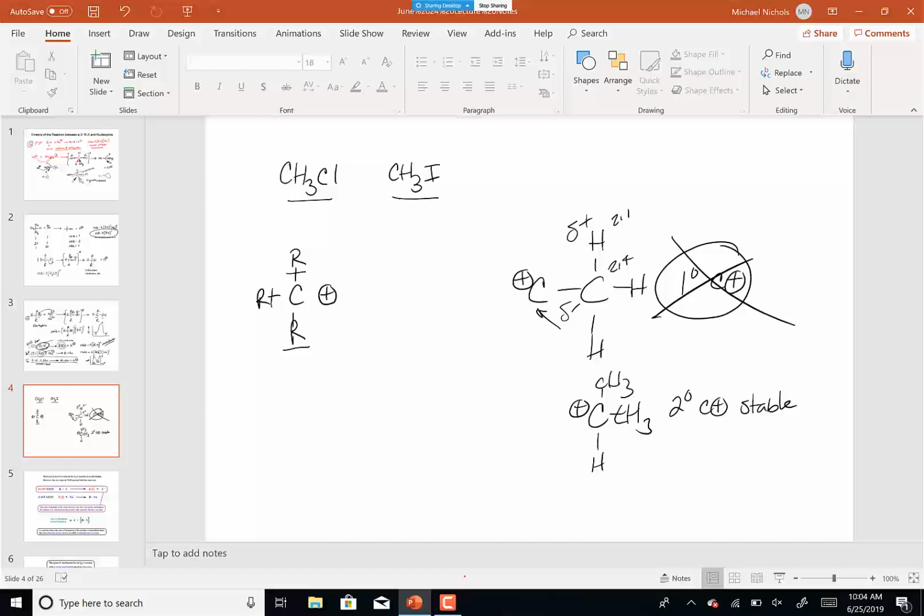To add the third carbon, or third alkyl group, to this. Now all of a sudden that tertiary carbocation is the most stable, unless I do some other things, which we'll get to.